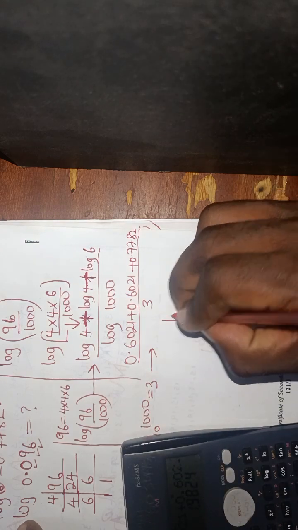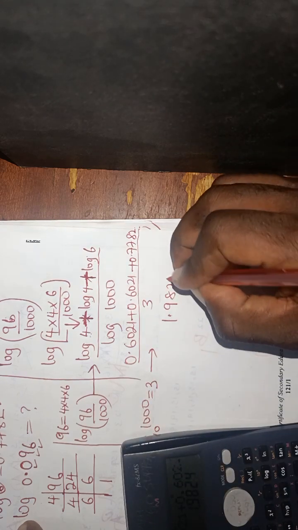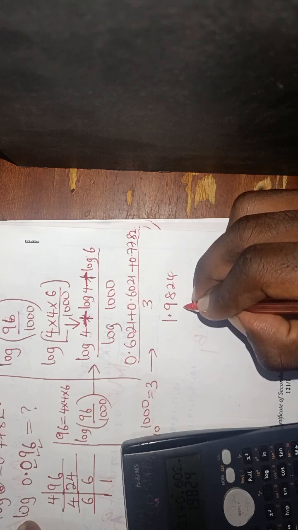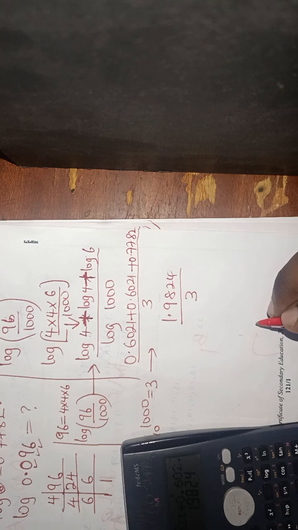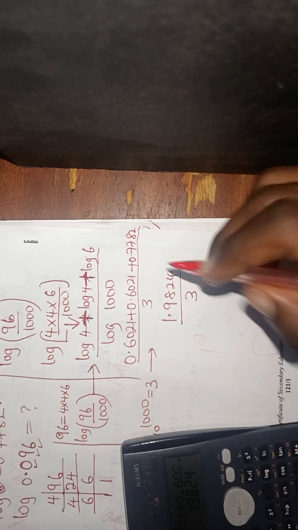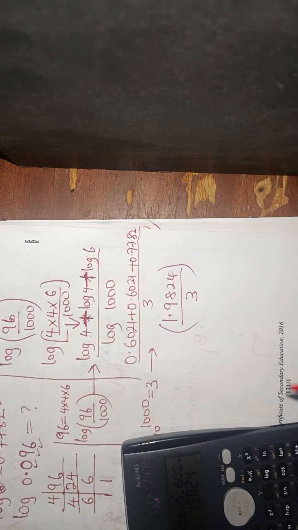So we have 1.9824, then we have to divide by the log of 1,000, which is 3. With logs, division changes to subtraction.